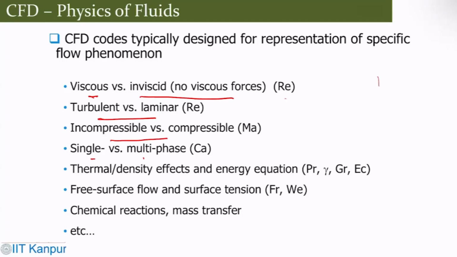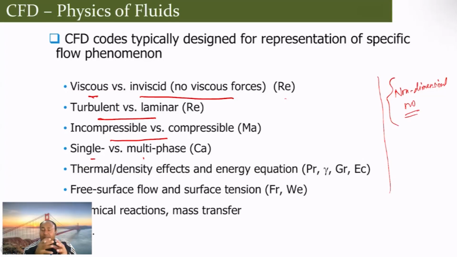These are all characterized by non-dimensional numbers which are used. One can have a quite generic CFD code which can be used for multiple purposes, but there are also some specific-purpose codes available, because the nature of every problem is different, so dealing with those problems is also slightly different.